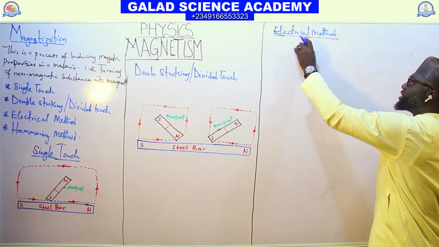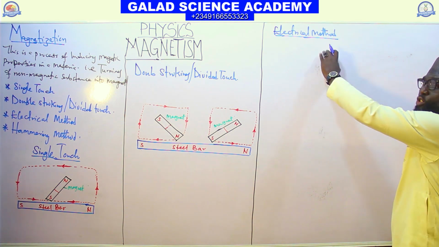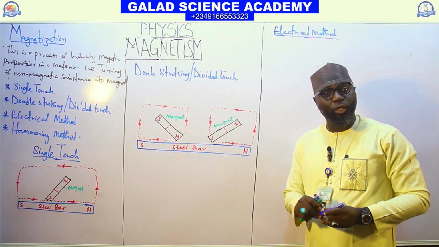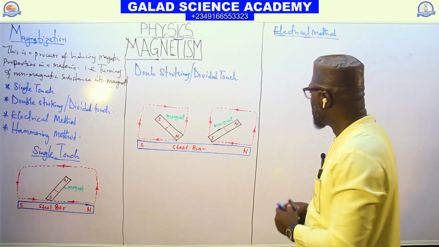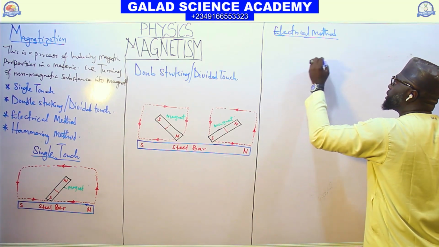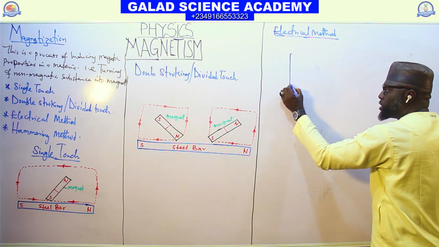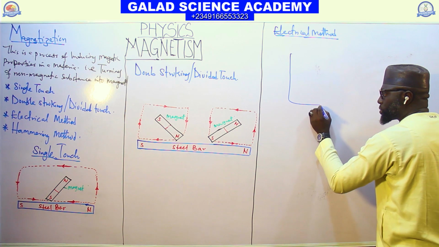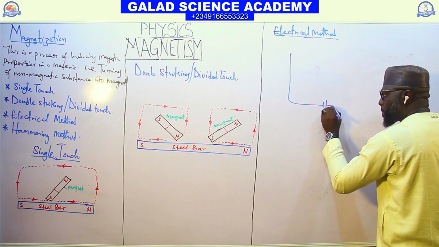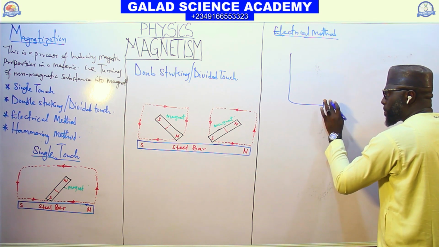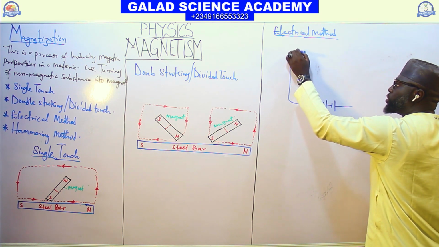The electrical method of making bar magnets can be done in a coil of wire called a solenoid. So this is how we make a solenoid.